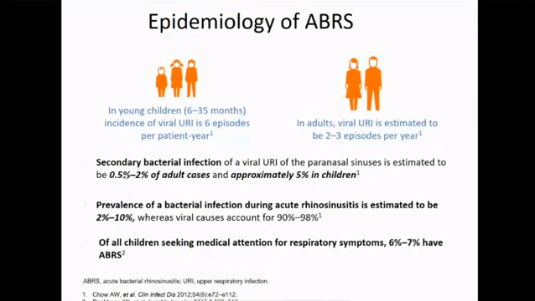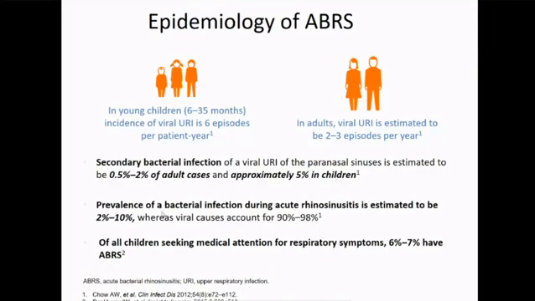So when we look here, the incidence of viral URTI is about 6 episodes per year in young children, whereas in adults very much less. And secondary bacterial infection of viral URTI of the paranasal sinuses is estimated at up to 2% in adults, whereas in children much higher.